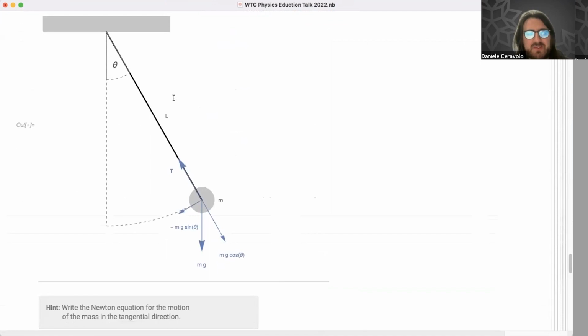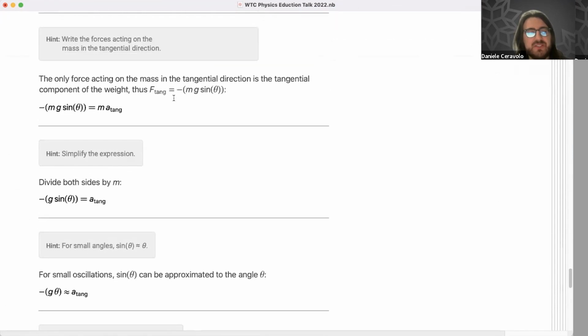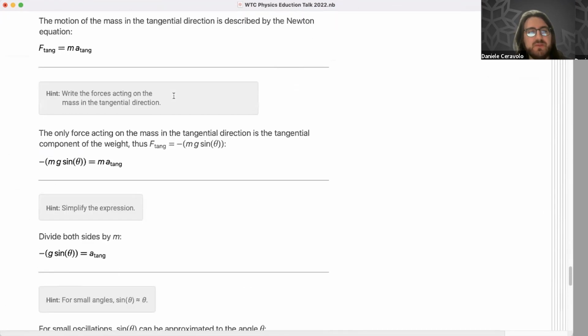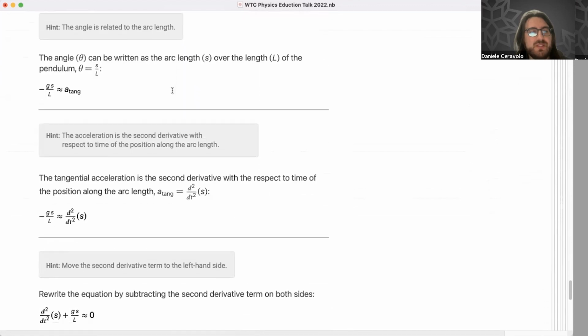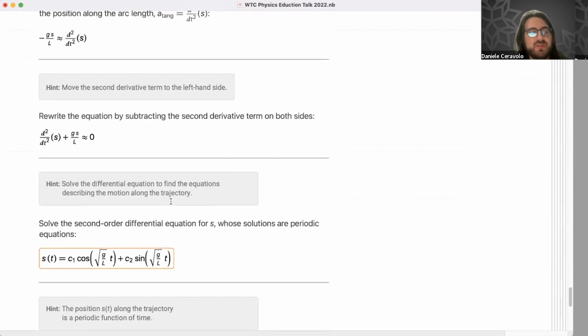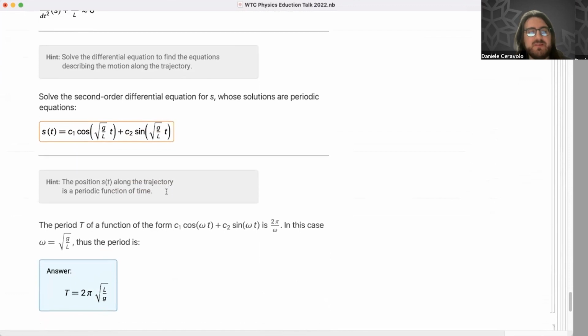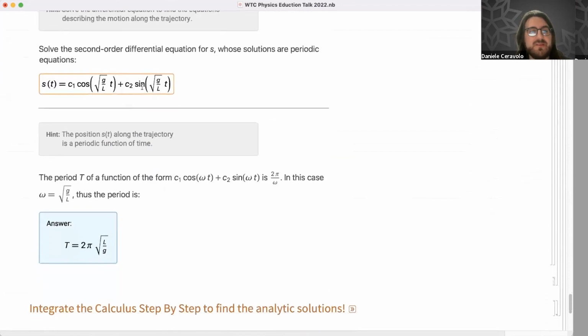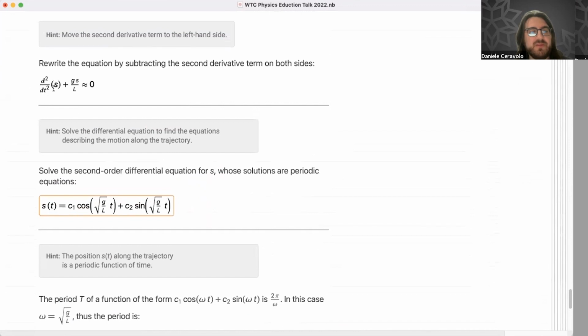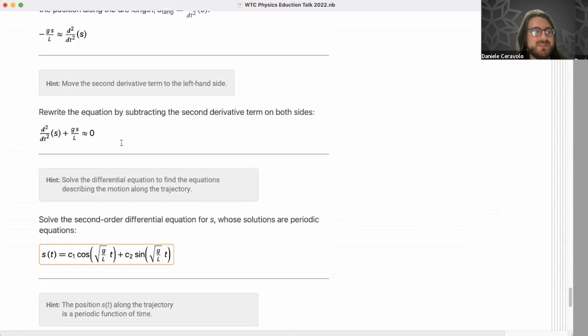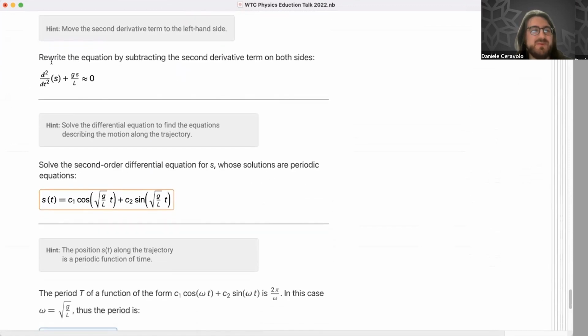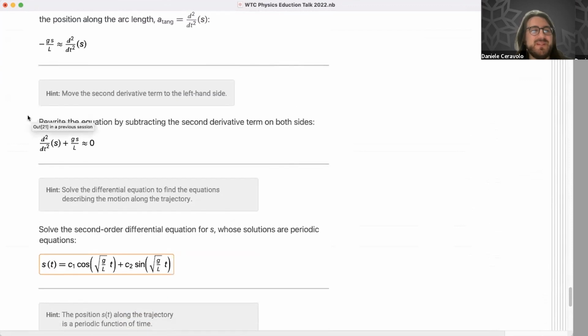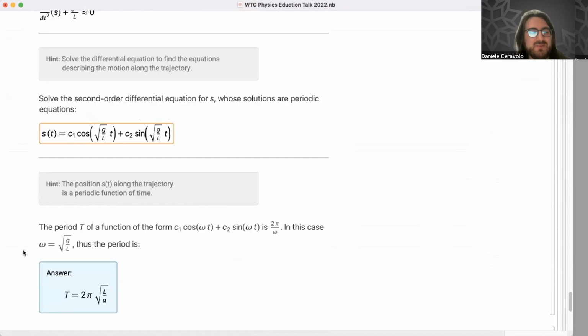And one nice thing that I think is worth mentioning is that when doing this calculation, we are also able to use some of the calculus step by step that has already been worked through. So, for example, if you are given this and the student wants to know how you get from this differential equation, which is the Newton equation with a few modifications that we work through using physical assumptions, to this solution.